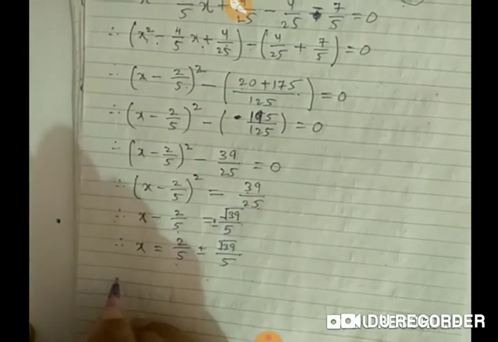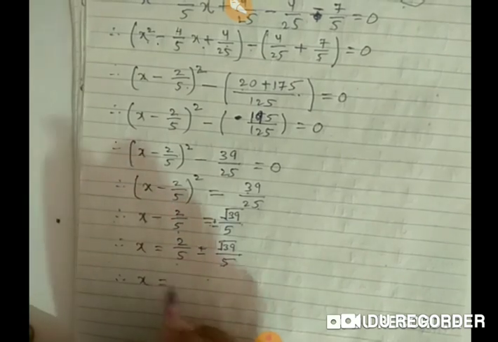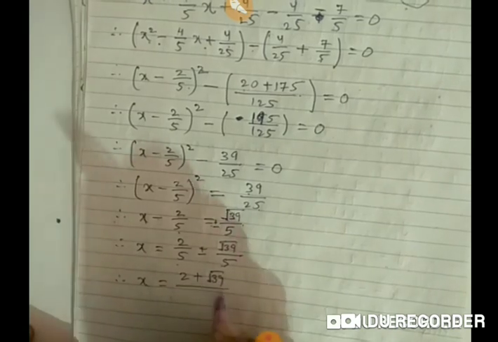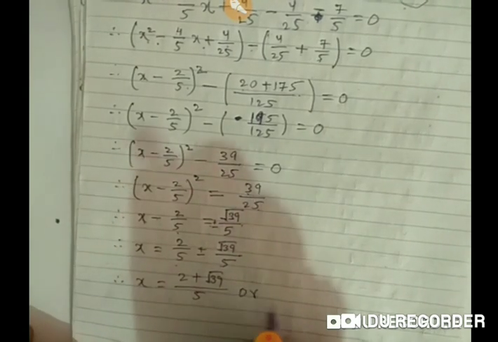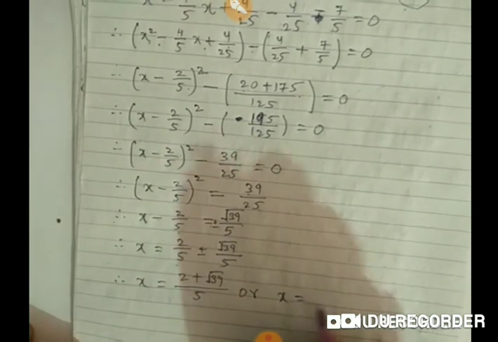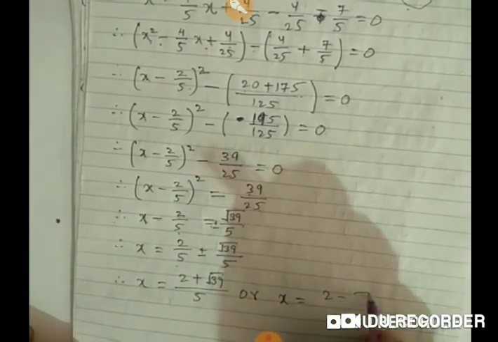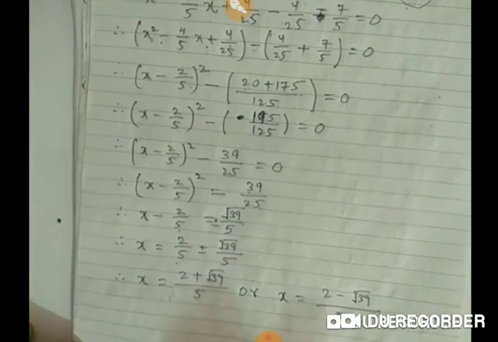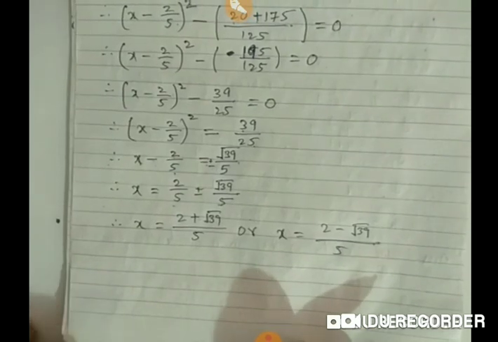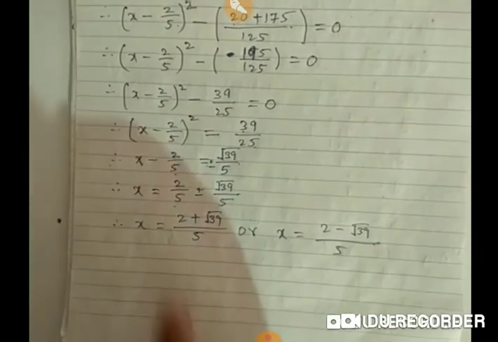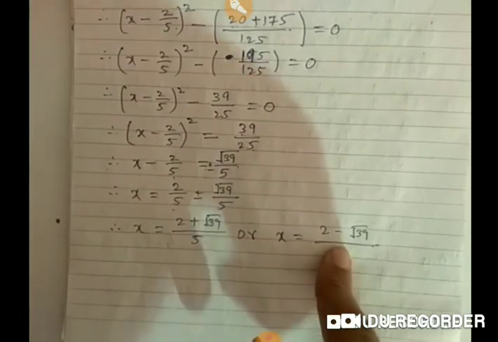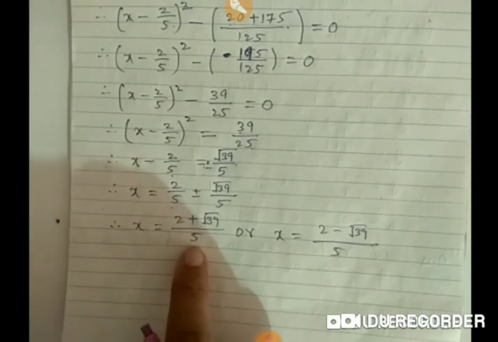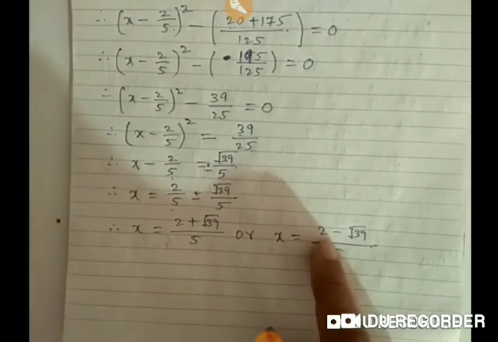So you can say x is 2 plus root 39 upon 5, or x is 2 minus root 39 upon 5. This is your final answer. So these are two roots of the quadratic equation. One is 2 plus root 39 upon 5 and the other root is 2 minus root 39 upon 5.